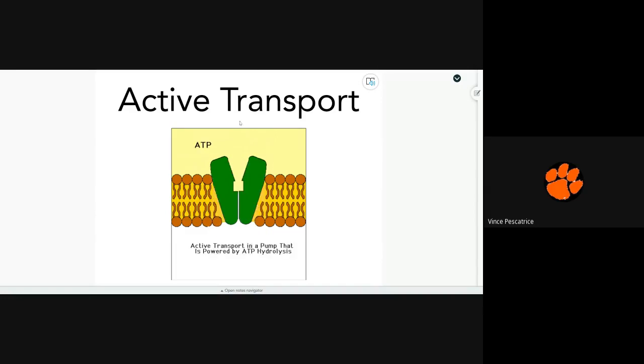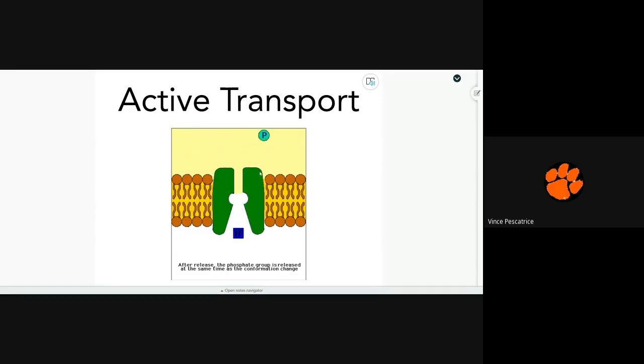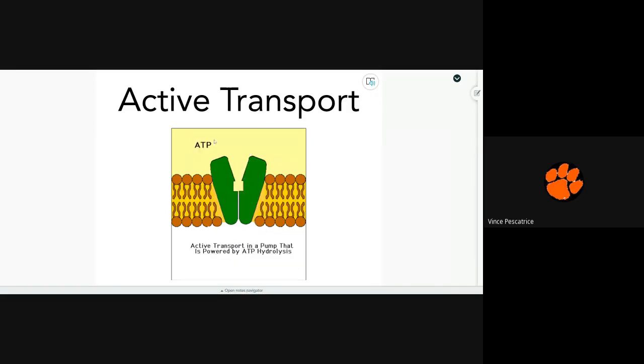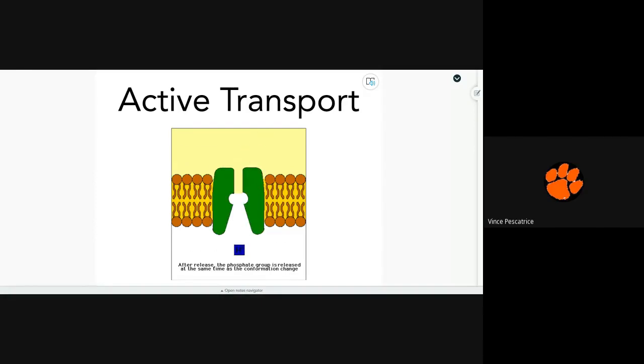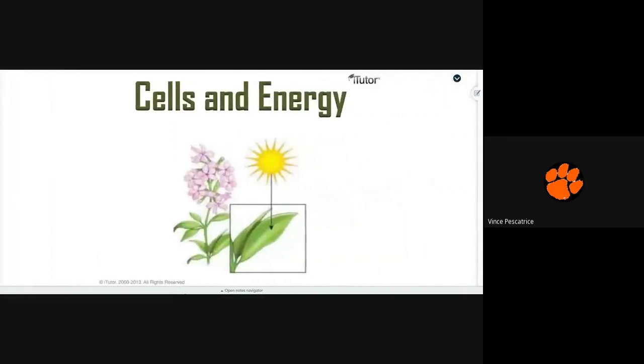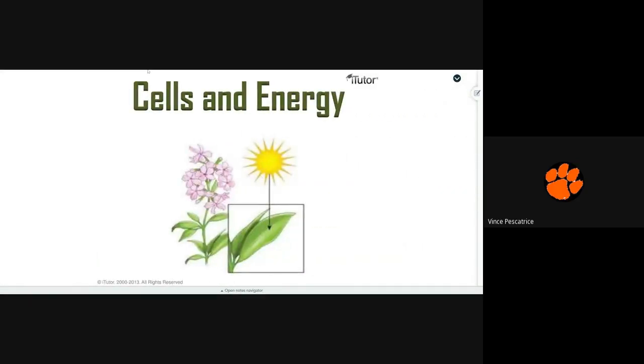So ATP is the energy. It attaches to the protein gate. The protein gate opens and allows the larger molecule to come through. All right, cells and energy is the last bit. So we're going to talk about plants.